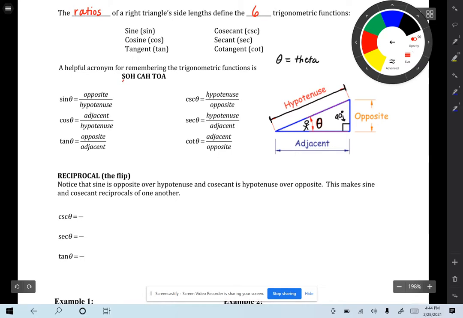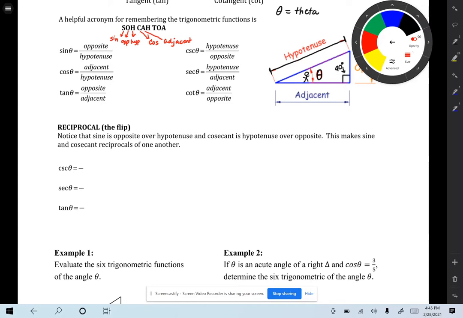S stands for sine, O stands for opposite, and H stands for hypotenuse. C stands for cosine, A stands for adjacent, and H stands for hypotenuse. T stands for tangent, O stands for opposite, A stands for adjacent. So that's the acronym, Sohcahtoa.